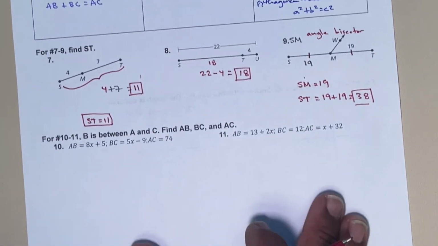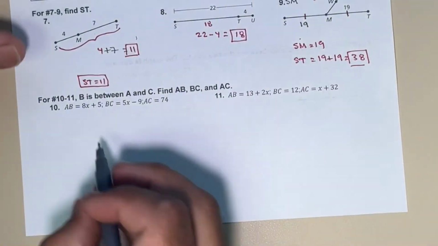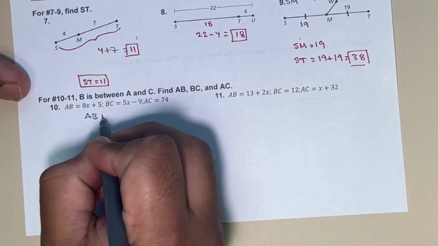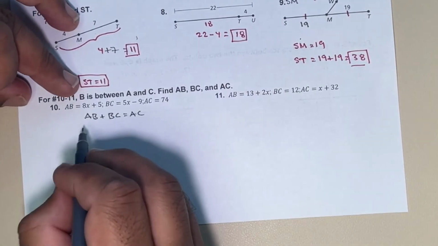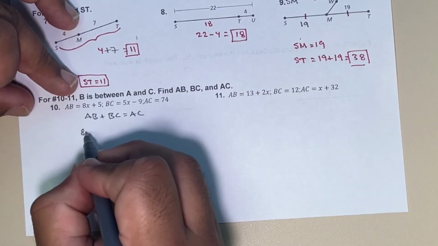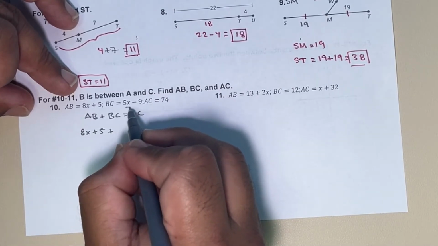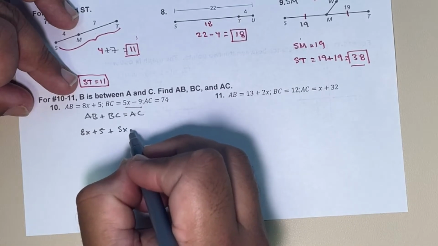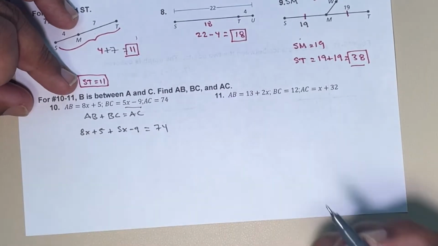Alright. Now bottom of the page, using segment addition, I've got AB plus BC equals AC. Here I have AB equals 8x plus 5 plus BC, which is 5x minus 9, and that equals AC, which is 74.